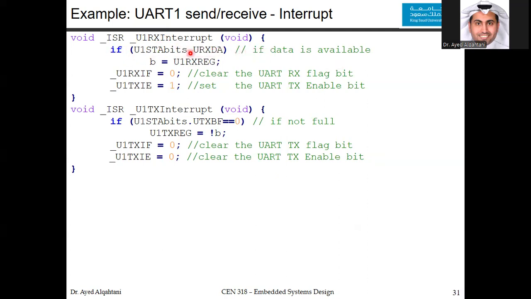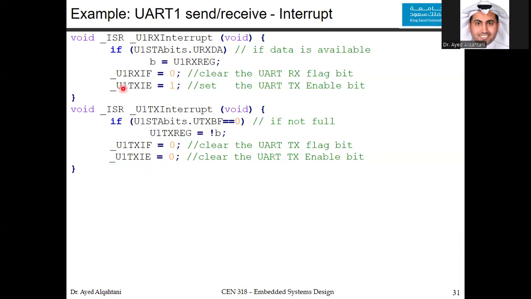If there is data available, then you take it from the register and put it in B. B should be globally defined. You could also make it local if you like, but I suggest you make it global because both of these ISRs will work together. Now you clear the UART receive flag since you actually came here because it was set. So now you clear it. And after that, you could do some processing, some working with this.